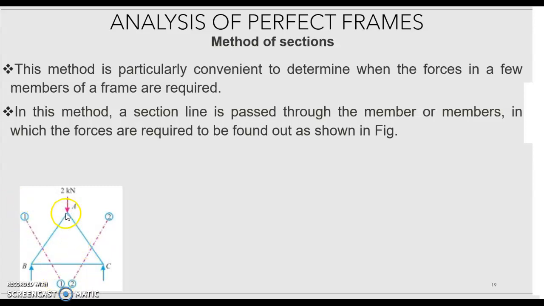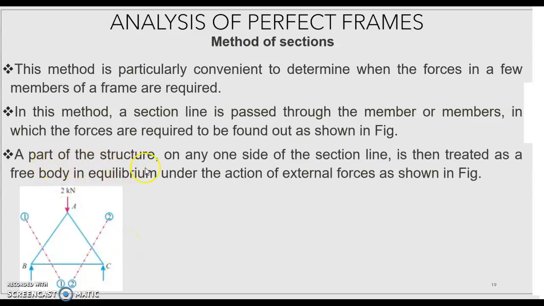If we require the force in member AC, then take section 2.